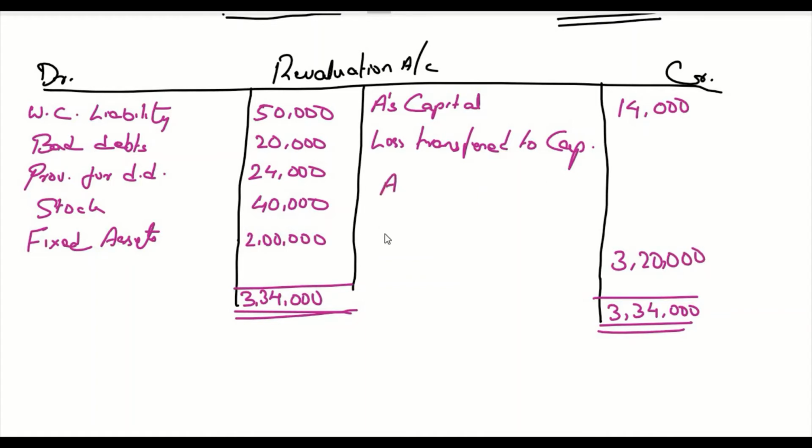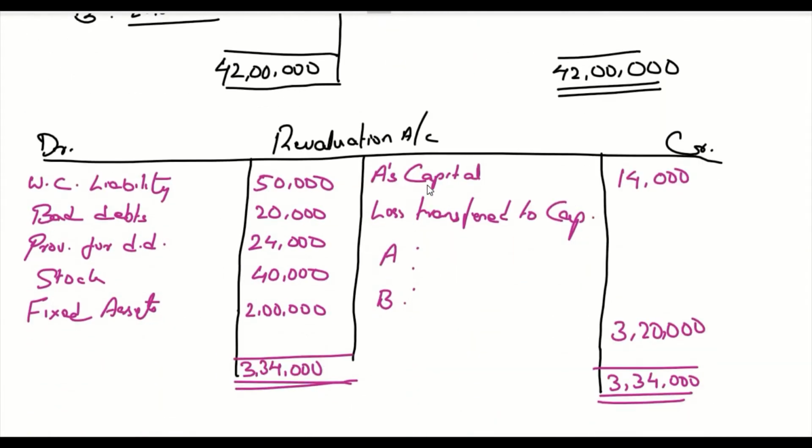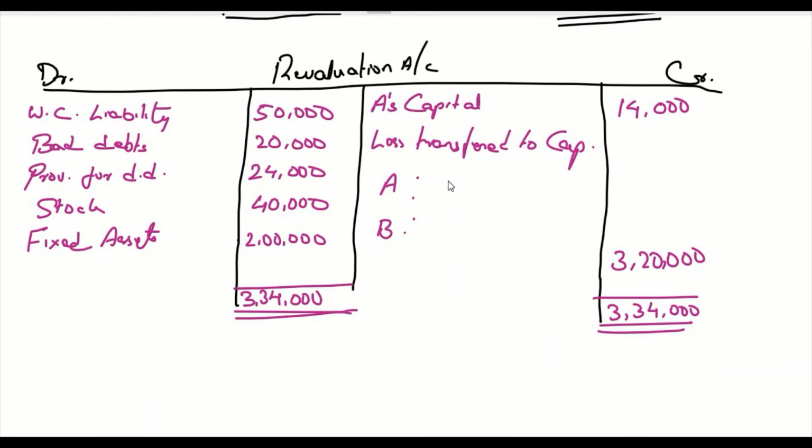This has to be divided among the old partners in the old profit sharing ratio. So old profit sharing ratio is 2:3. So 3,20,000 divided in 2:3 ratio, it's 1,28,000 and 1,92,000.